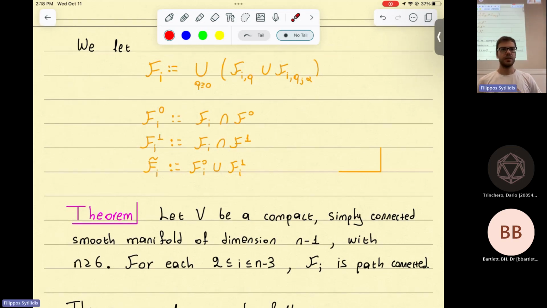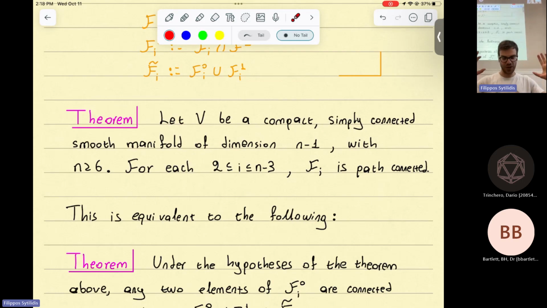Okay, are we happy? So the theorem that we're basically going to prove today, or at least I'll show you how to prove it, is that if you give me V, and now I'm assuming that V is compact and simply connected, and as before, of dimension n-1, and I'm now assuming that n is greater than or equal to 6.